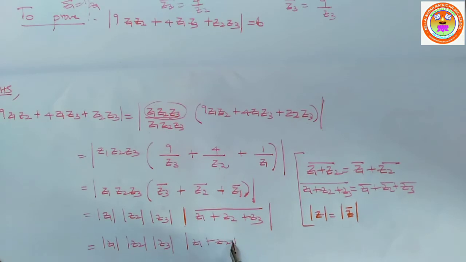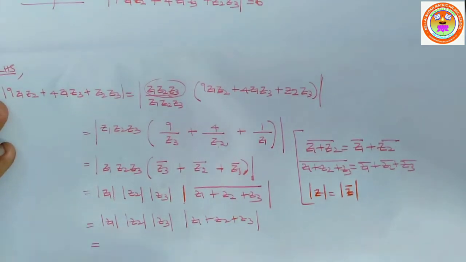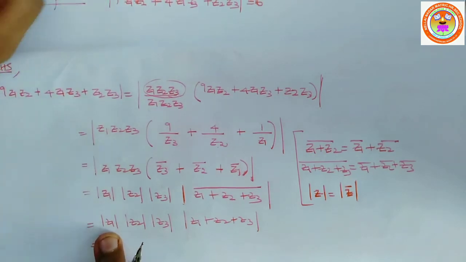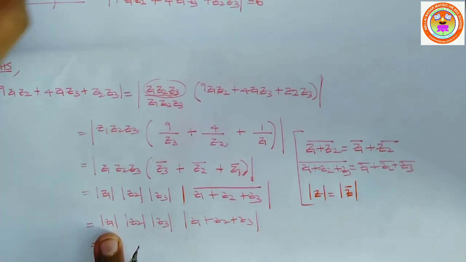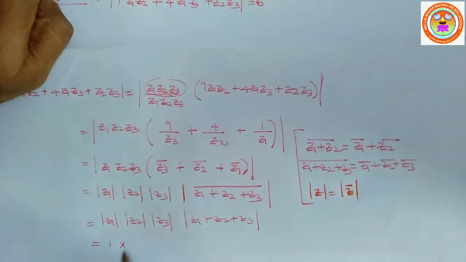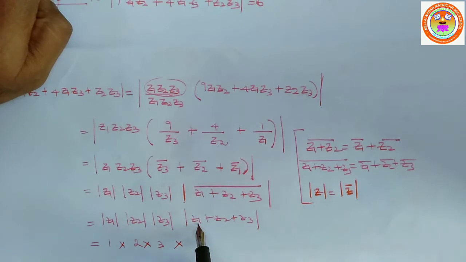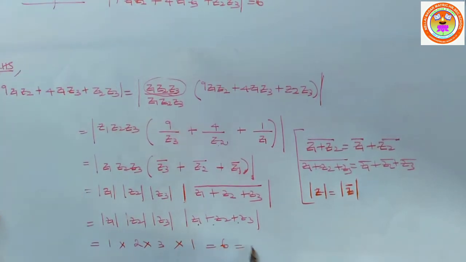Z1, Z2 and Z3. So what is modulus of Z1? The answer is given in question 1: modulus of Z1 is 3, modulus of Z2 is 2, modulus of Z3 is 1, and modulus of Z1 plus Z3 is nothing but 1. So the final answer is 6, which is the RHS. Hence proved.